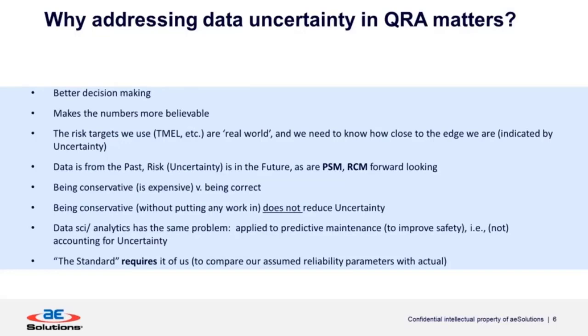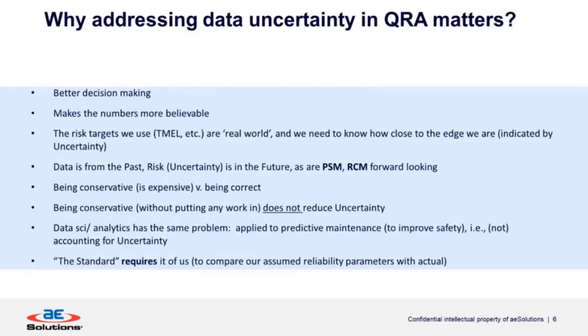Another reason is the risk targets that we use, the TMELs, et cetera, in LOPA, they're real world. Now, all data is contextual, all probability is conditional, but those targets are intended to represent a physical parameter in the world, that your expectation of a physical process is this is how safe we are.